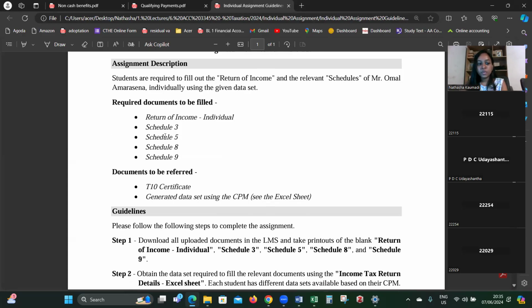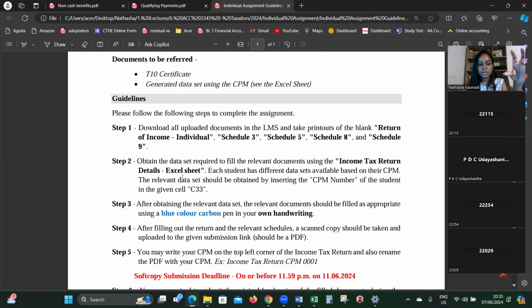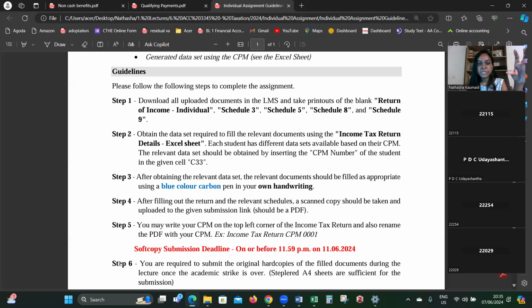After downloading all these documents, we have mentioned the steps to be followed. You can take printouts of these documents, though taking printouts of all the uploaded documents is not necessary. You can take printouts of the essential documents, but you need to download and go through those schedules.